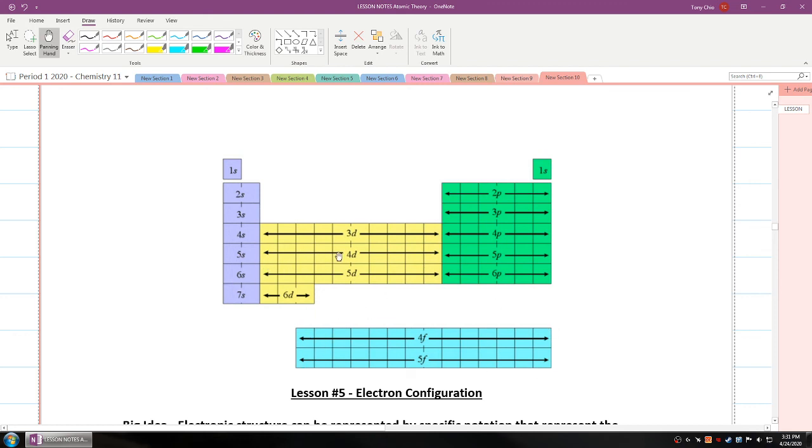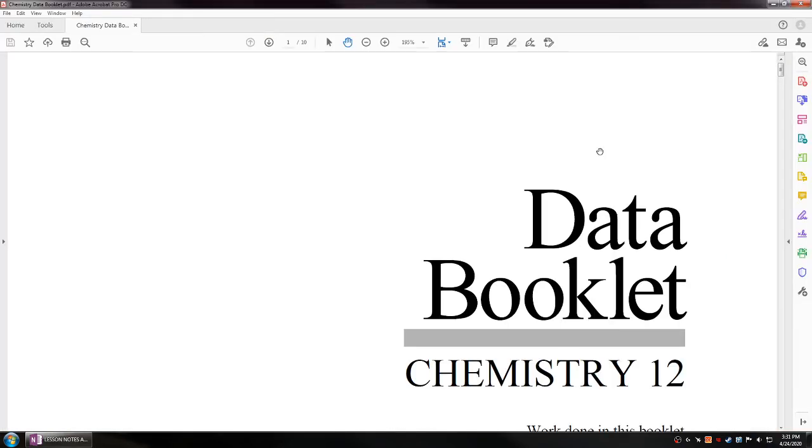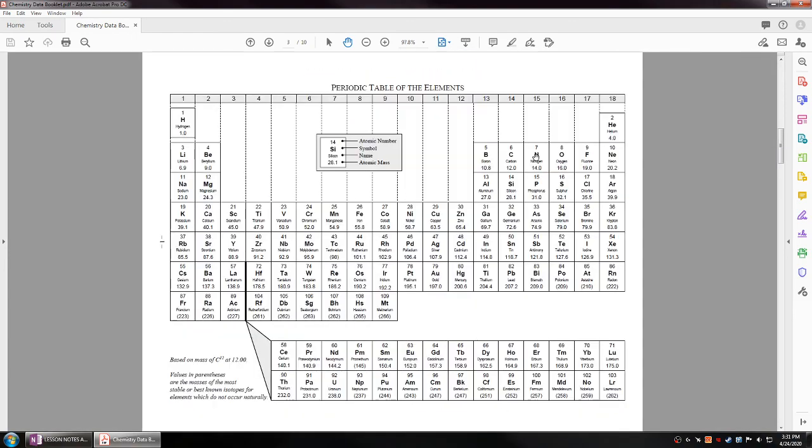Well, let's do an example. Let's say we're talking about a certain element such as gold. Where is gold? Let me pull up our actual periodic table. Gold is located here, second to last one on the d orbital.